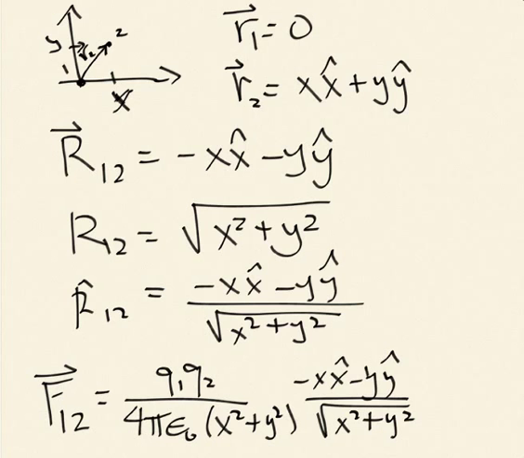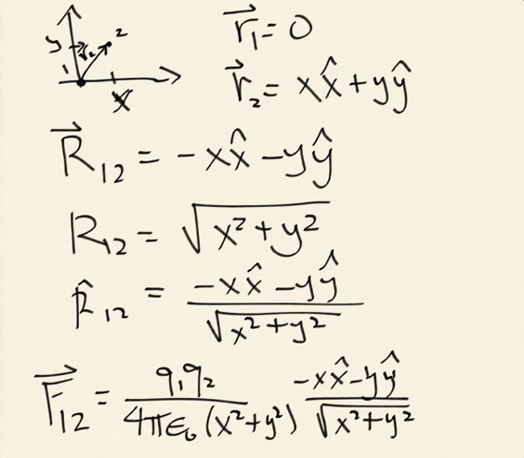Pretty complicated, huh? But that's how you formally write down the mathematical expression for the force, both magnitude and direction. So if Q1 and Q2 have the same sign, then the direction of the force will be diagonally down and to the left. If Q1 and Q2 have opposite signs, I'm going to get a minus sign from Q1 times Q2, and that will flip the sign of R12, and the direction of the force will be diagonally up and to the right. So that'll be attraction of 1 to 2.